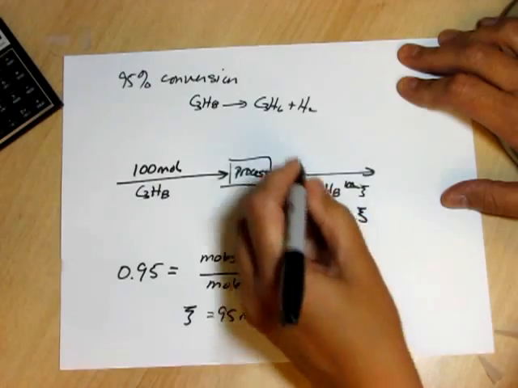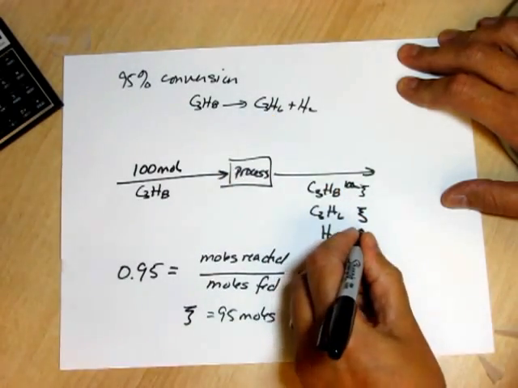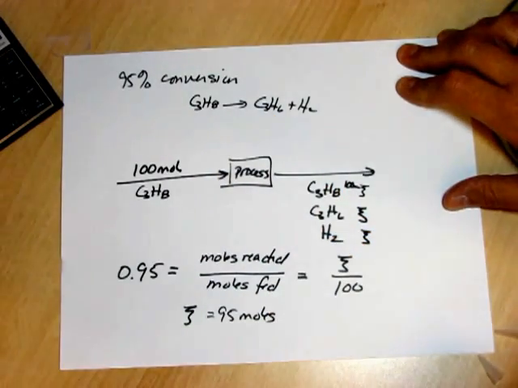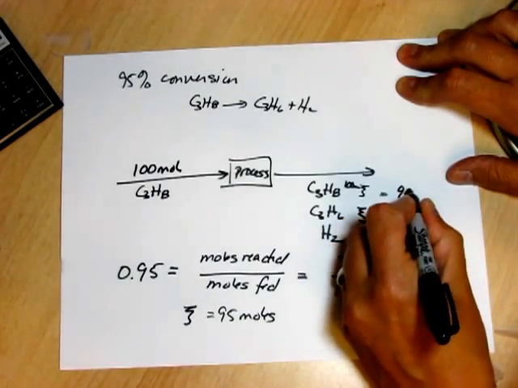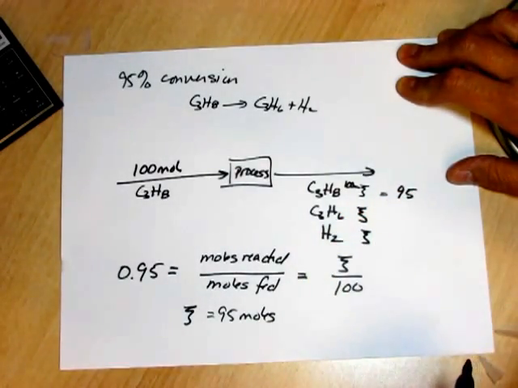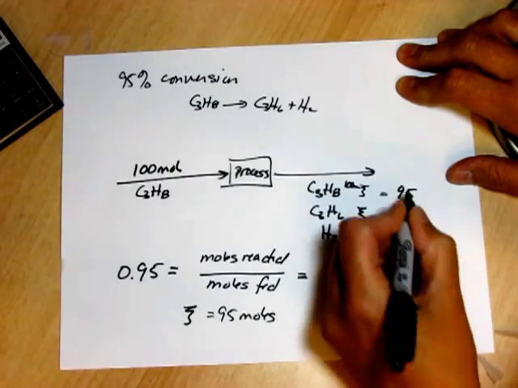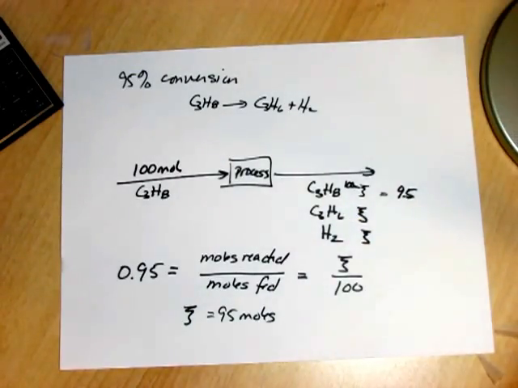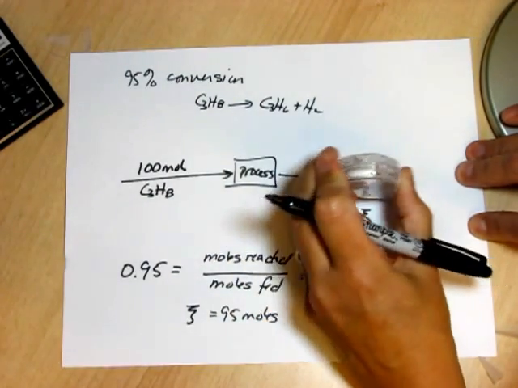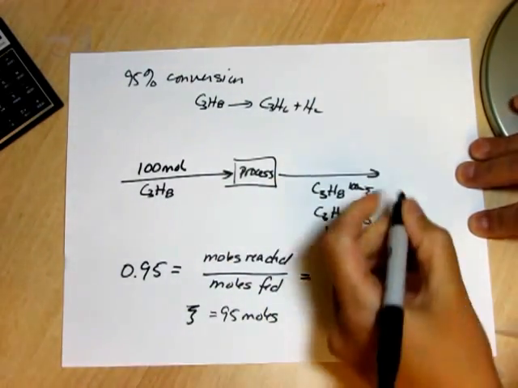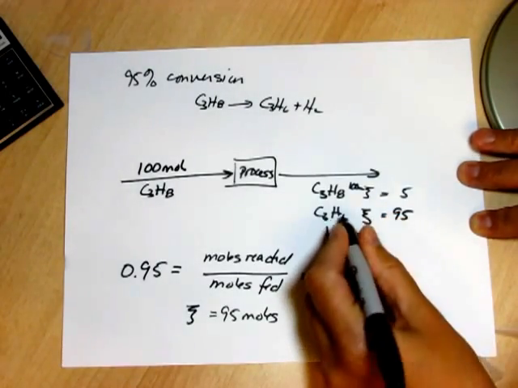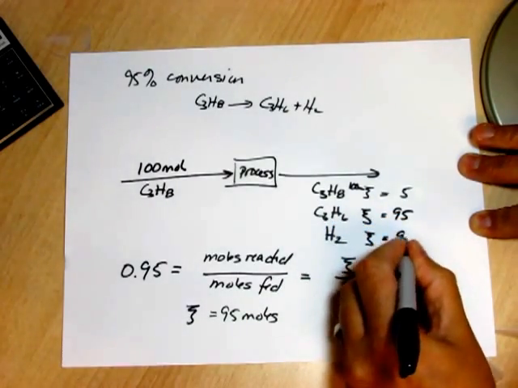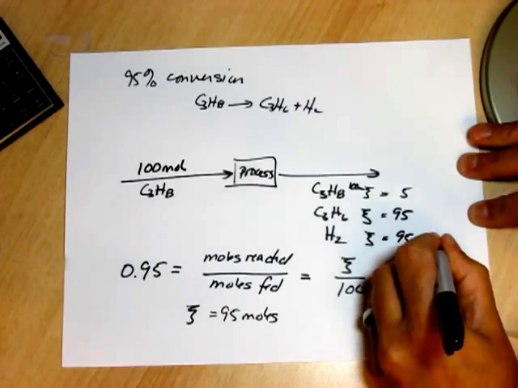We gained xi moles of propylene, and we gained xi moles of hydrogen. So we have 5 moles of propane exiting the reactor, 95 moles of propylene, and 95 moles of hydrogen.